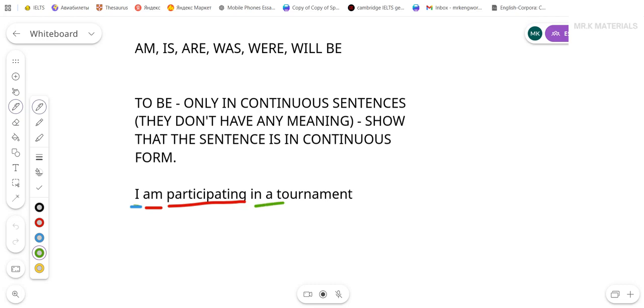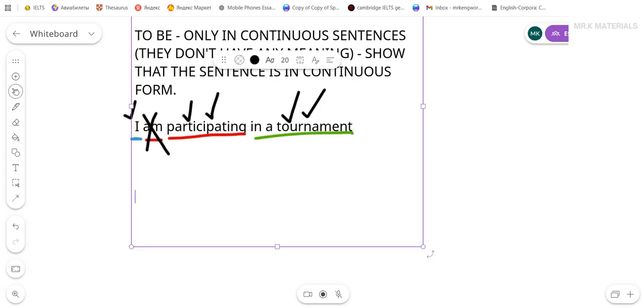In what? In a tournament. Let's translate. I can translate this part, it's fine. How about am? I don't really know how to translate that. Participating means competing, so I can translate this. This, I cannot do anything with. It's the same in Uzbek. I cannot translate am. Qatnashyapman, this I translate. Musobaqada, I translate.